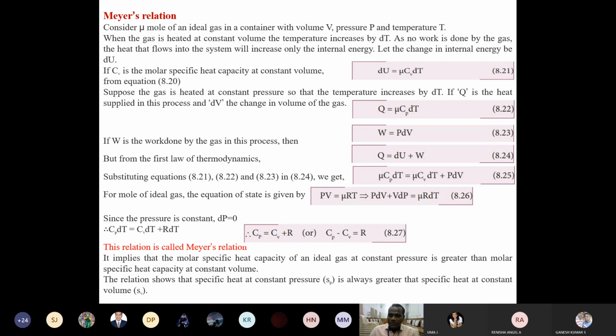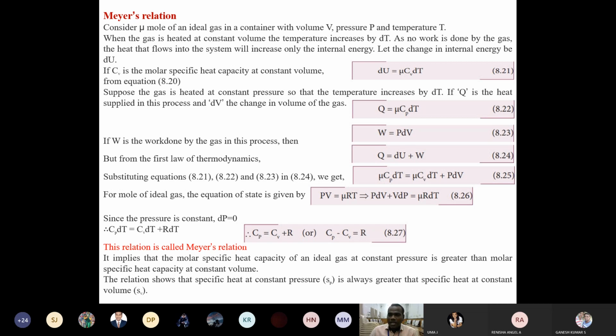Then if you substitute this PdV value in equation 8.25, mu and dT will be the same for all the values, so we can cancel those constant values. Then we have only Cp equal to Cv plus R.